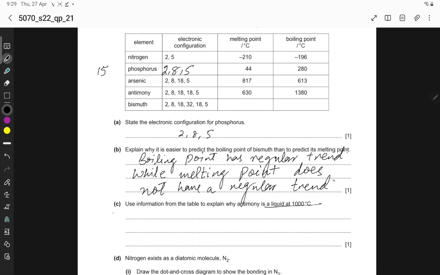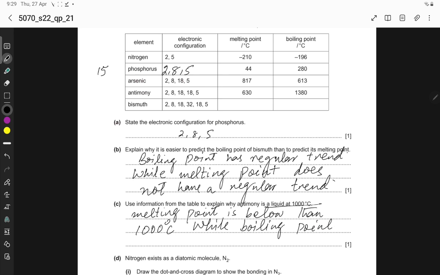So as the melting point is below 1000 degrees centigrade, while the boiling point is above 1000 degrees centigrade.